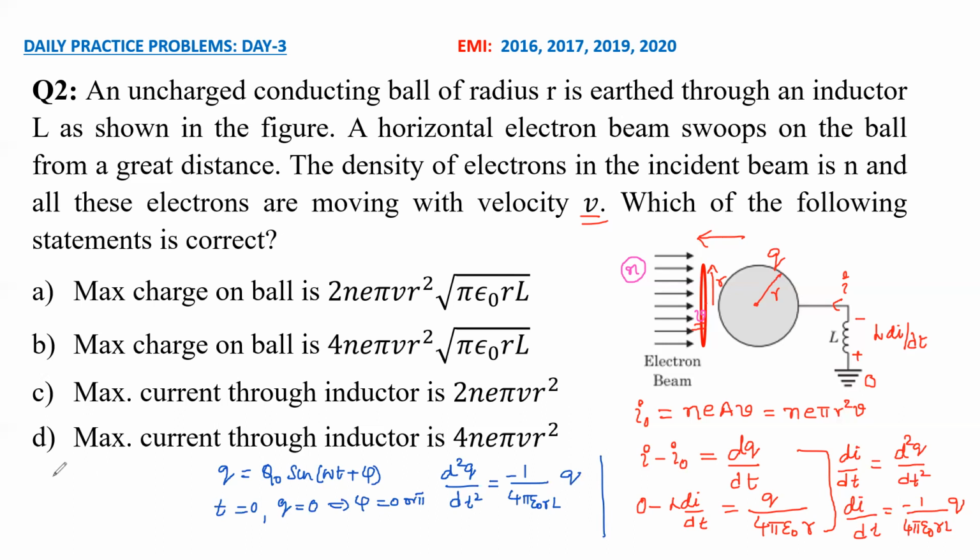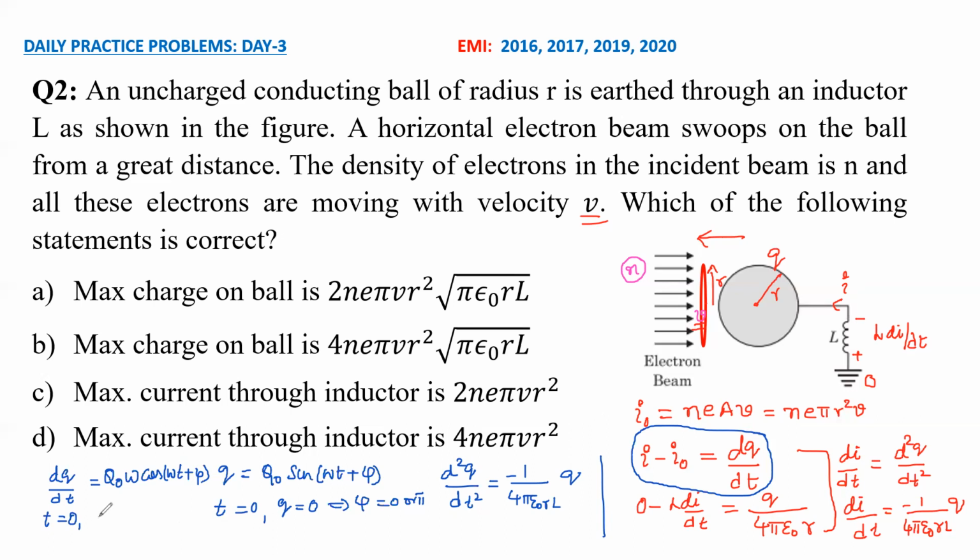Now, what is dq by dt? dq by dt is q naught omega cos of omega t plus phi, and at t equal to 0, the current through the inductor will be 0, because an inductor does not allow abrupt change in current, and therefore initially dq by dt will be minus I naught.